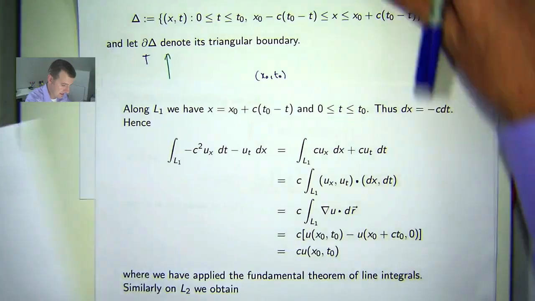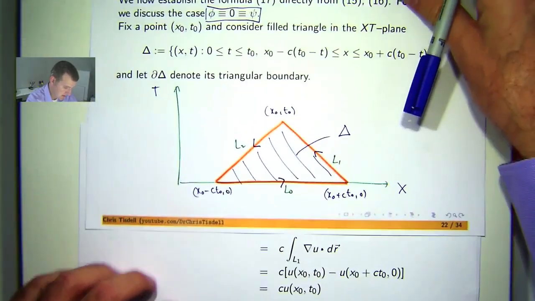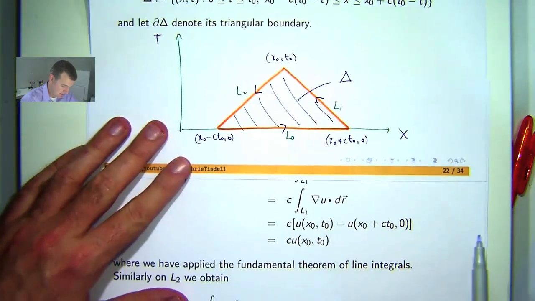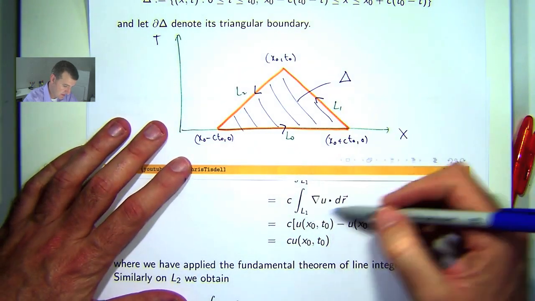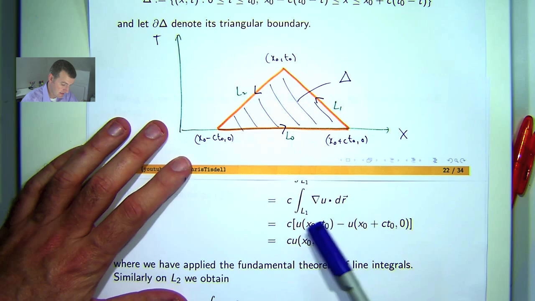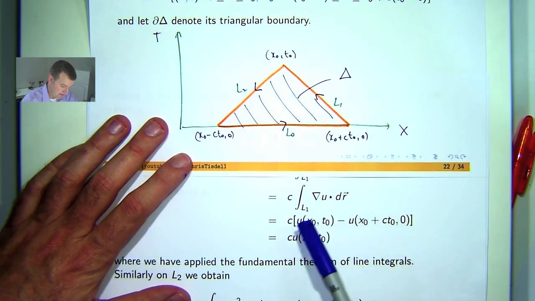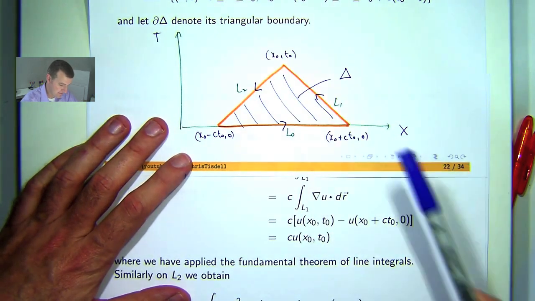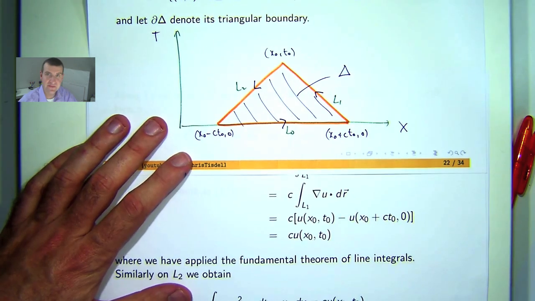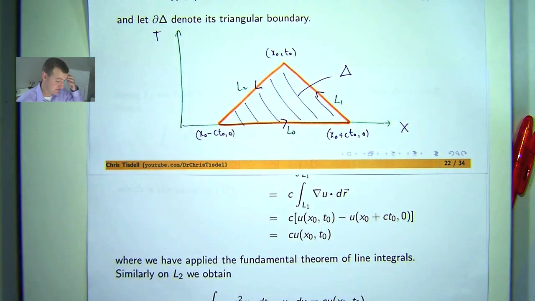So you can see in here, I'm moving from here to here. Essentially it's u evaluated at the endpoint minus u evaluated at the starting point. That's the fundamental theorem of line integrals.